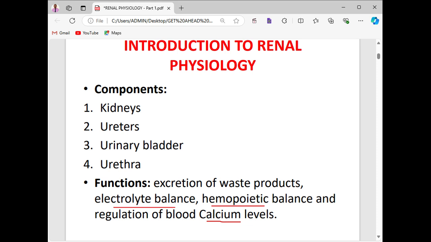Blood is filtered by nephrons. We'll talk about the nephrons in the next few slides. Urine is transported from the kidney by the ureter to the bladder, and then it is stored in the bladder before it is excreted.